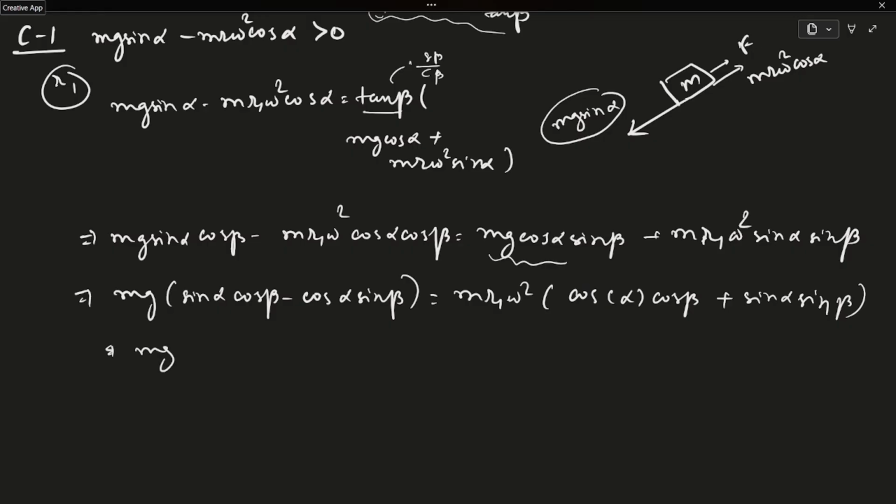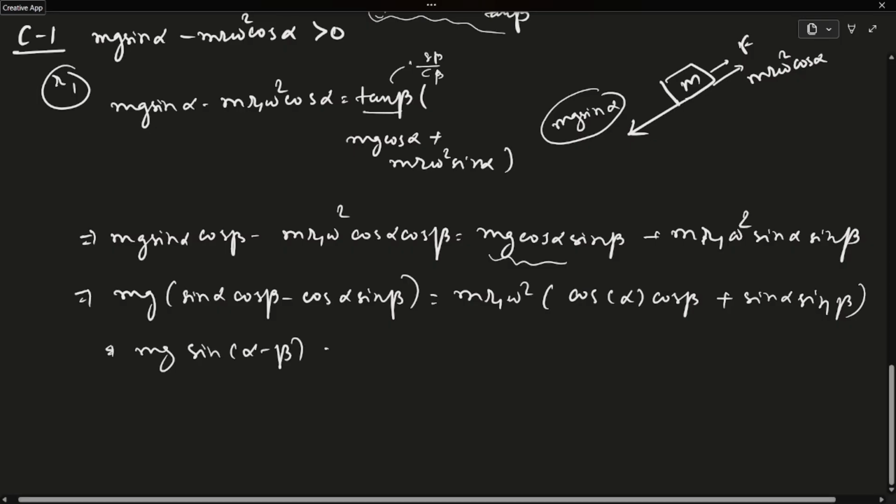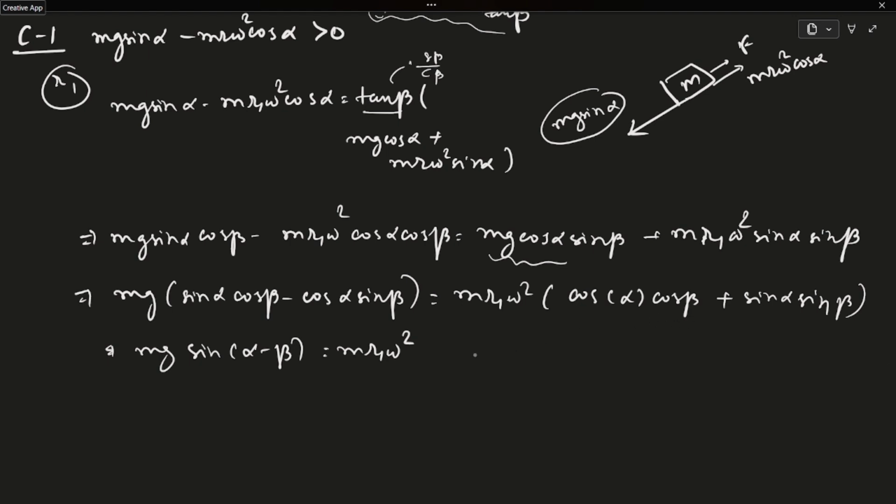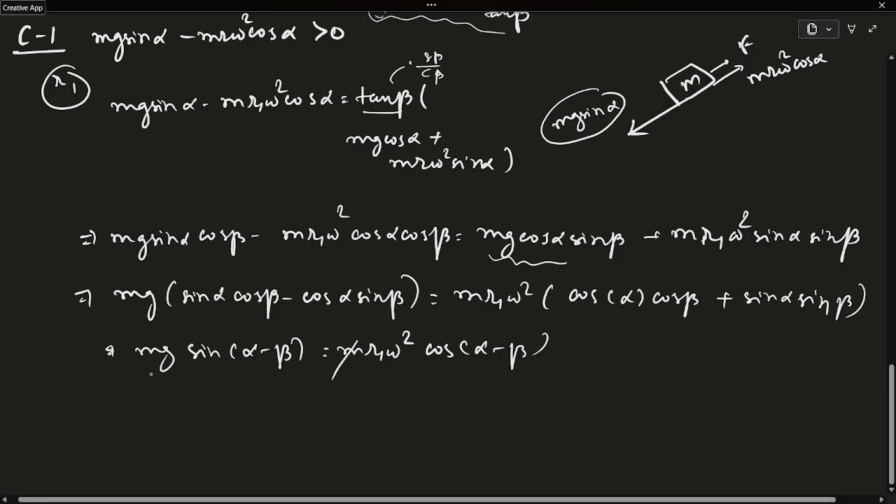So mg times sin(alpha minus beta) equals m r1 omega square times cos(alpha minus beta). m cancels, so r1 equals g over omega square times tan(alpha minus beta).